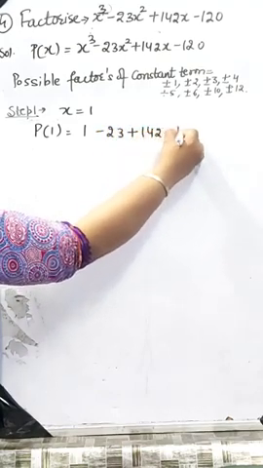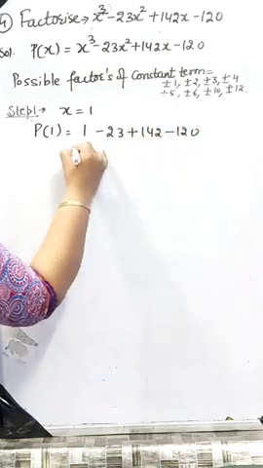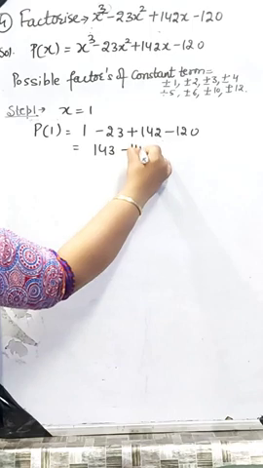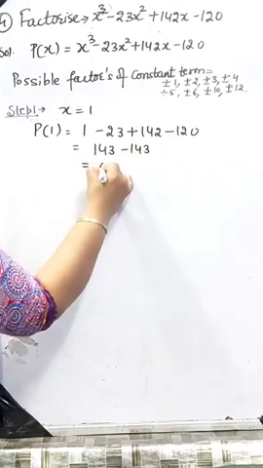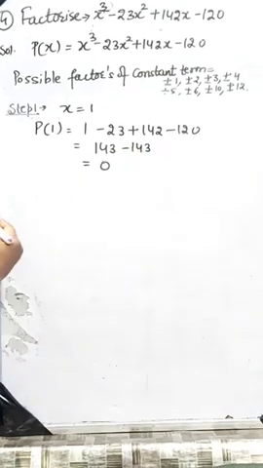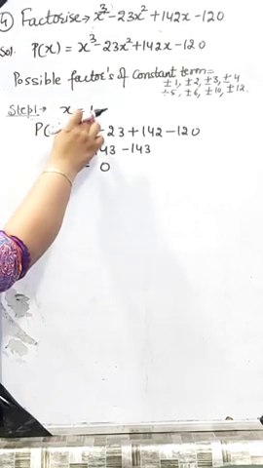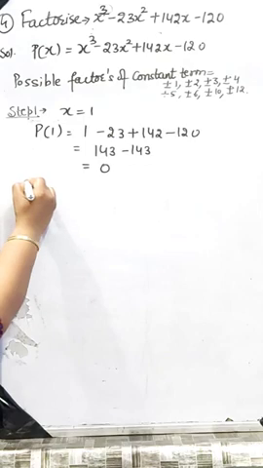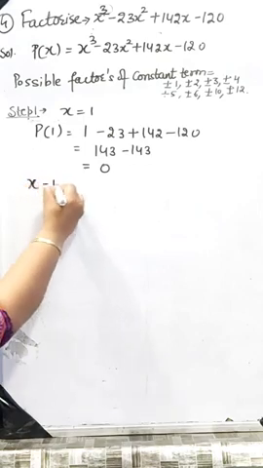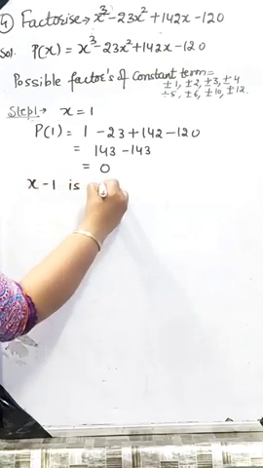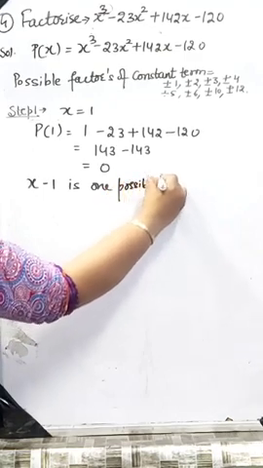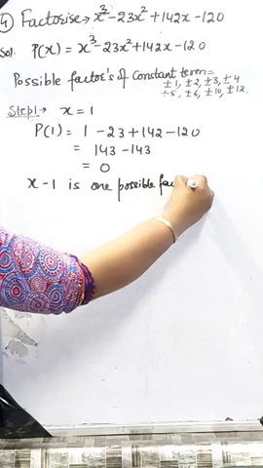Otherwise, we have to check with another factor which makes it 0. Here x equal to 1 makes our polynomial equal to 0. It means x minus 1 is one possible factor of the given polynomial.